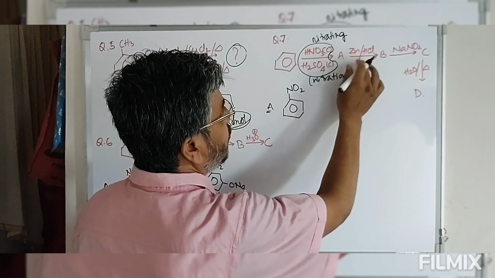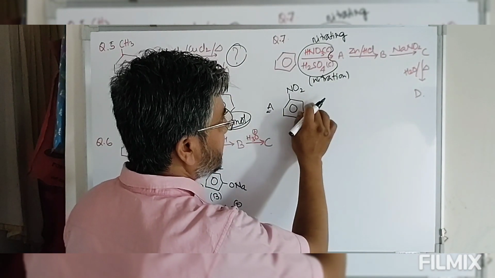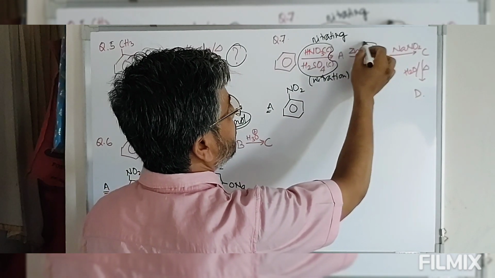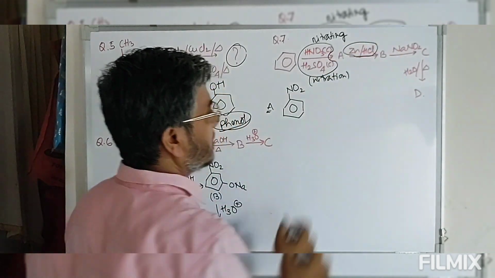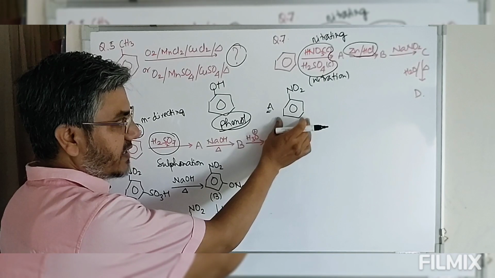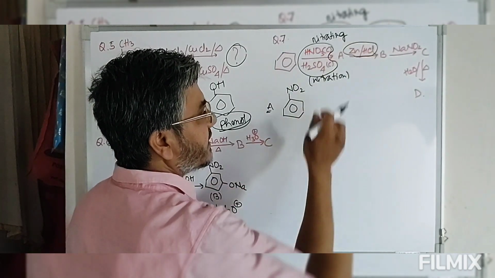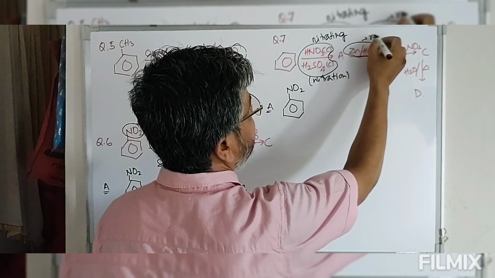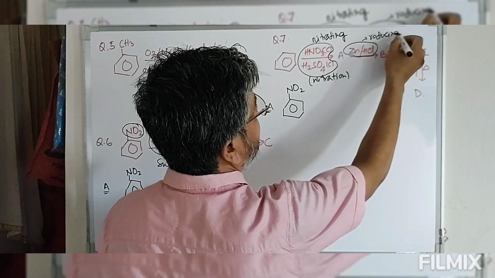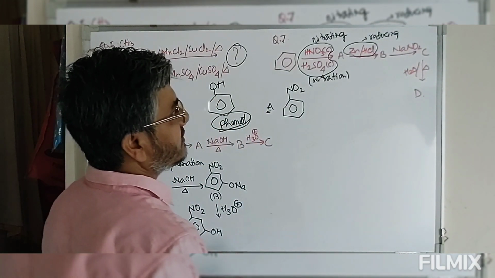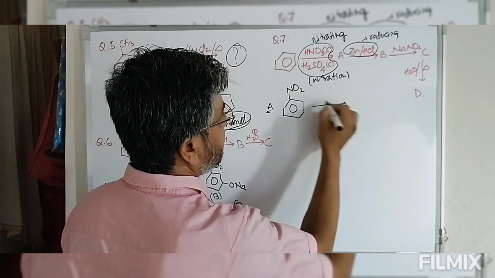Now this nitrobenzene is made to react with zinc HCl. Now look at this. We are using metal. We have this nitrobenzene. To this we are using zinc HCl. So zinc HCl is nothing but a reducing agent. So nitrobenzene reacts with zinc HCl.